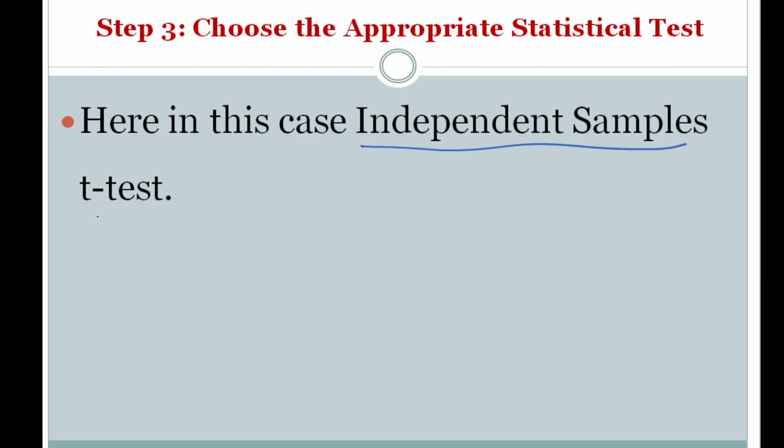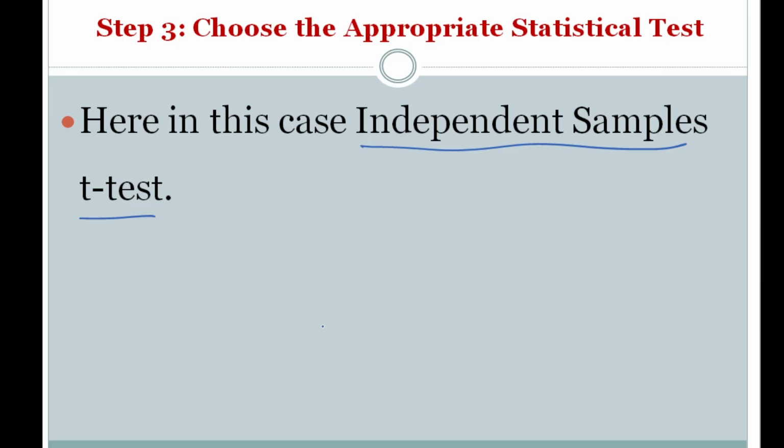Why? Because this test is used when there are two groups and we are going to compare the means of two groups, because we are going to compare the hemoglobin level of two groups, male and female. So independent t-test will be used.